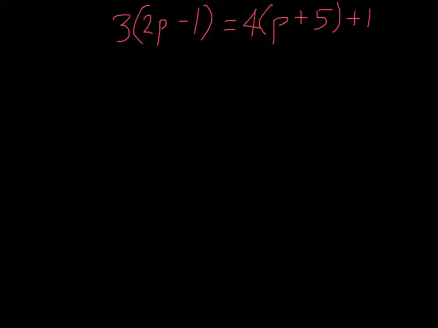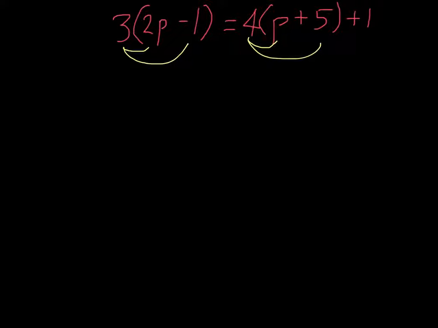If you run into an equation that has brackets and unknowns on both sides, we first need to expand the brackets before we can try and solve the equation. So if we use the distributive law, we know that the term outside the brackets multiplies the term inside the brackets. So we're going to do that first.